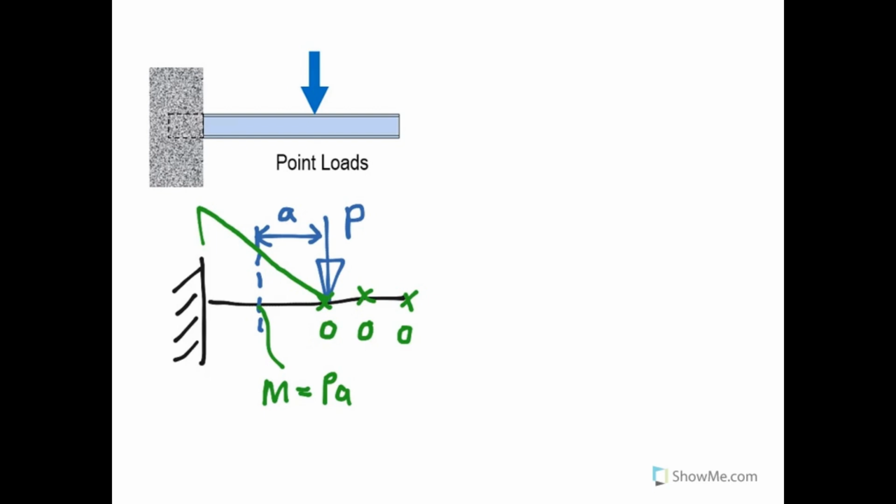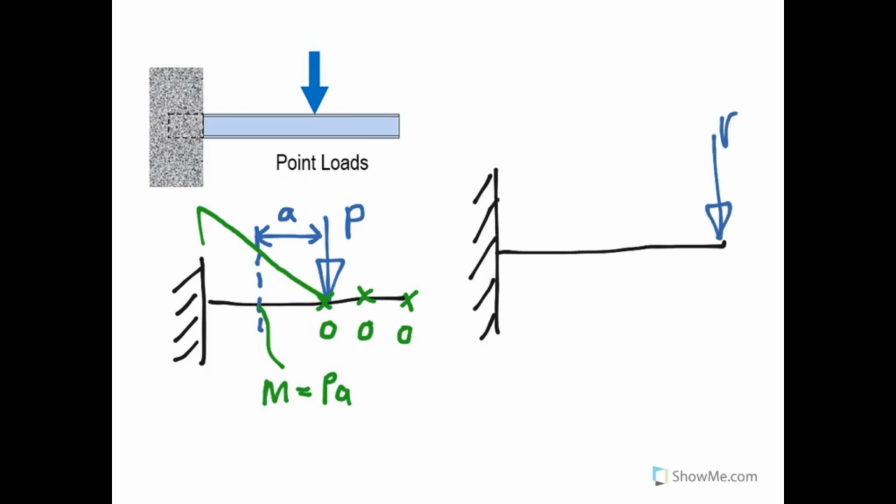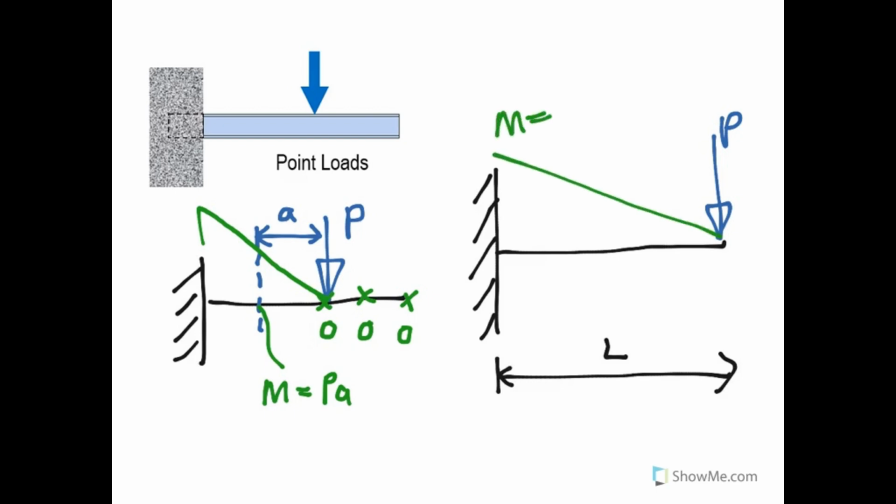So if we now draw that again a bit neater, but we're going to show the point load at the tip. Again, same, we've got value P. We'll show the overall beam length this time, which is L. And it is as simple as the bending moment at the support is a hog of value PL.